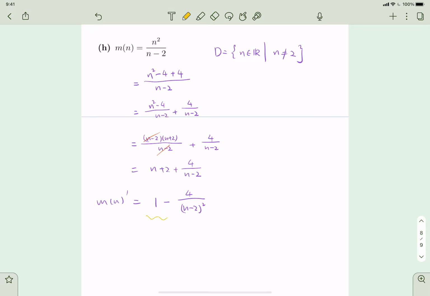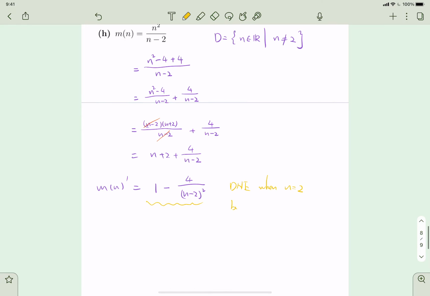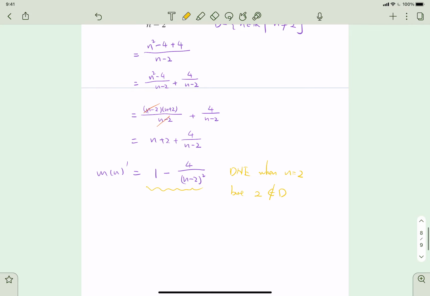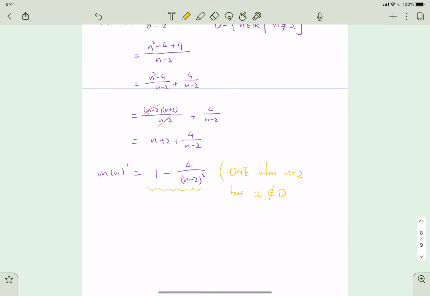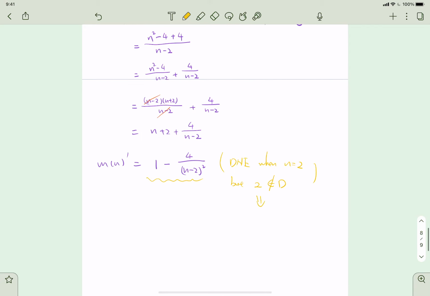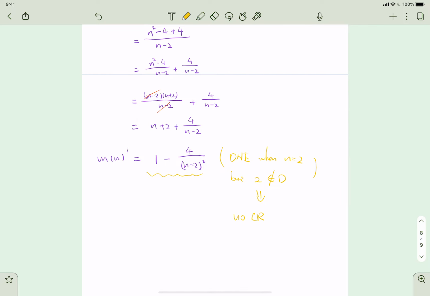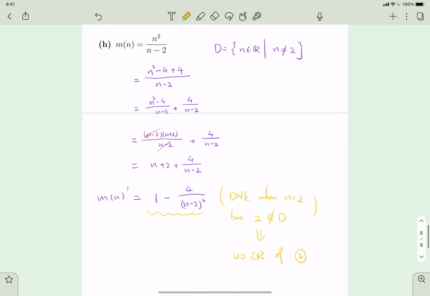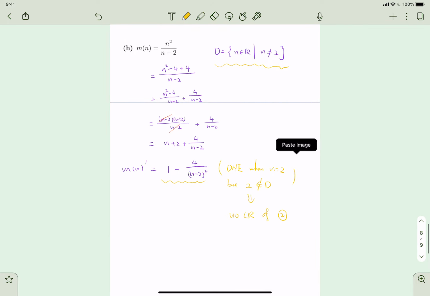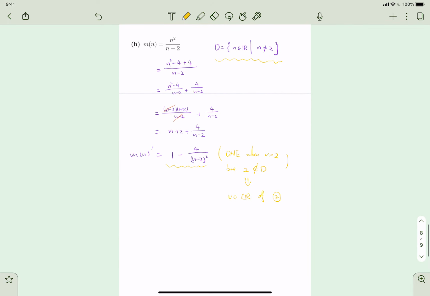We know this derivative does not exist when n is equal to 2, right? But 2 is not in our domain, right? So this implies that there is no critical number of the second type, right? 2 is not in our domain, even though it makes the derivative not exist. So we can only look for the critical numbers of the first type. The first type is when the derivative is equal to 0.